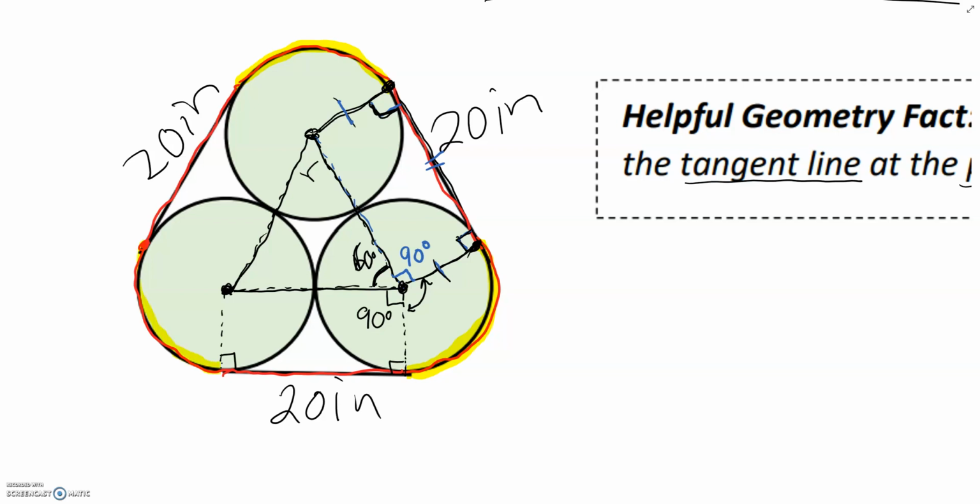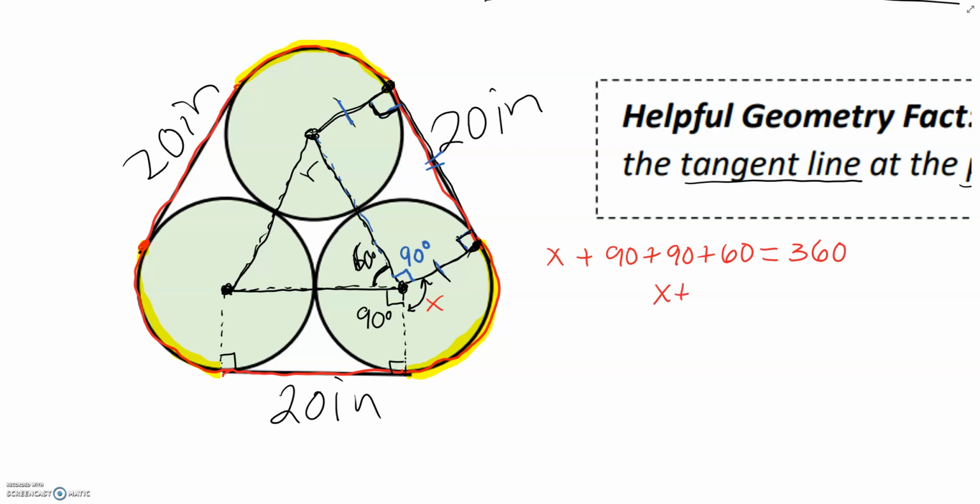I want to know how much of the circumference of the circle it is. So if I know that angle right there, then I could find out. Let's call that angle x. You can see that x plus 90 plus 90 plus 60 has to be a full rotation, which is 360 degrees.